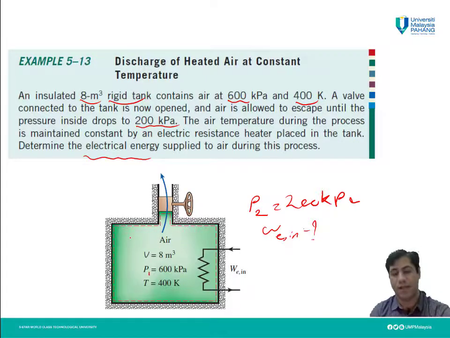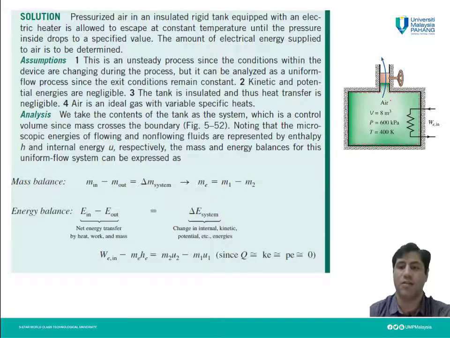First of all, let's see what should be our assumptions for this example. This is an unsteady process. Why? Because the conditions within the device are changing during the process. As you can see here, the mass is just going out from the tank.